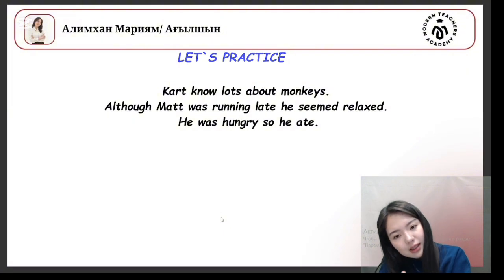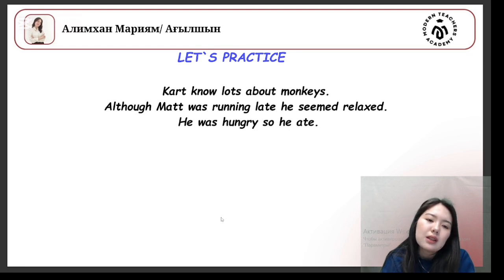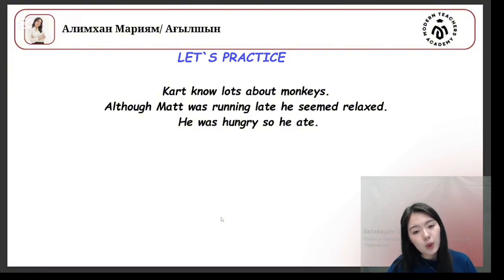In the second clause, he seemed relaxed. It's a completed thought. He seemed relaxed. The third sentence: he was hungry, so he ate. Here we have so. It's a coordinating conjunction, yes. And we also have two subjects, he and he, and two verbs, was hungry and ate.